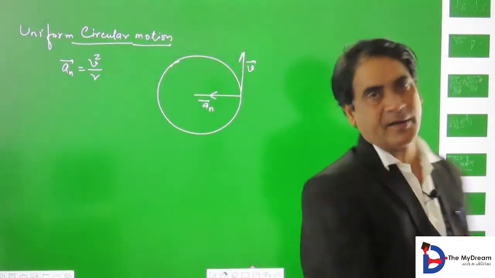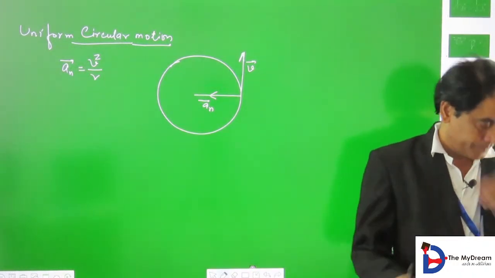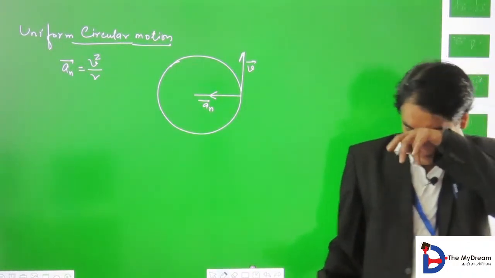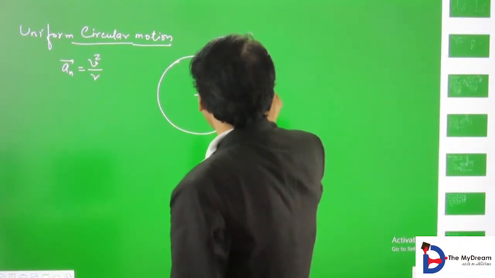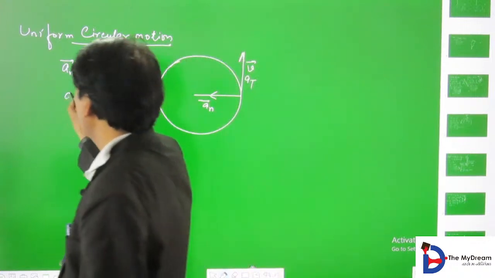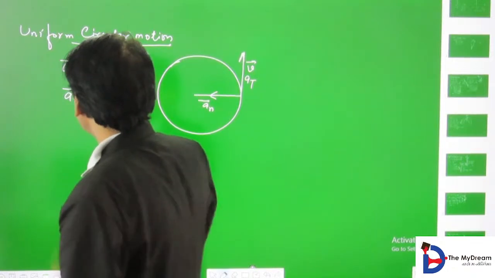Which acceleration is it? Centripetal. And tangential acceleration is given by r into alpha.